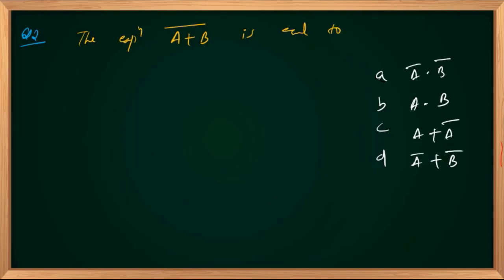The expression A plus B, the whole complement, is same as which of the four options? Right? Option A is the right choice. Direct question. Option A is the right choice.